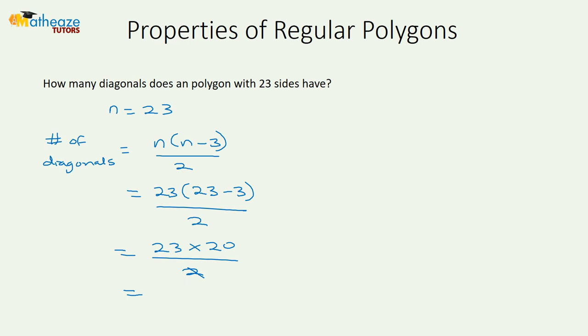So 20 divided by 2 is 10, so 23 multiplied by 10 is 230. So we're going to have 230 diagonals in this polygon.